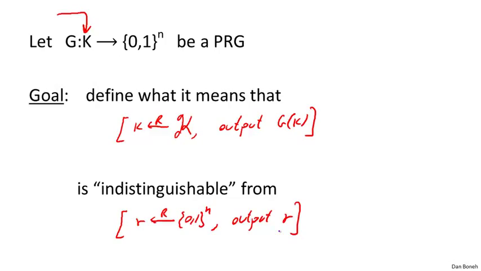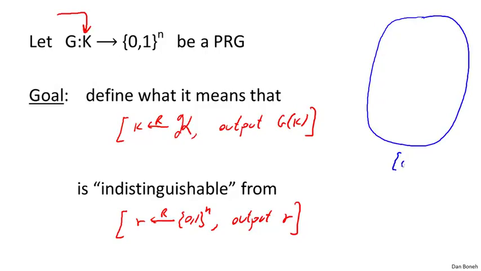Now, if you think about it, this sounds really surprising, because if we draw a circle here of all possible strings in {0,1}^n, then the uniform distribution can output any of these strings with equal probability. That's the definition of the uniform distribution. However, for a pseudo-random distribution generated by this generator G, because the seed space is so small, the set of possible outputs is really, really small.